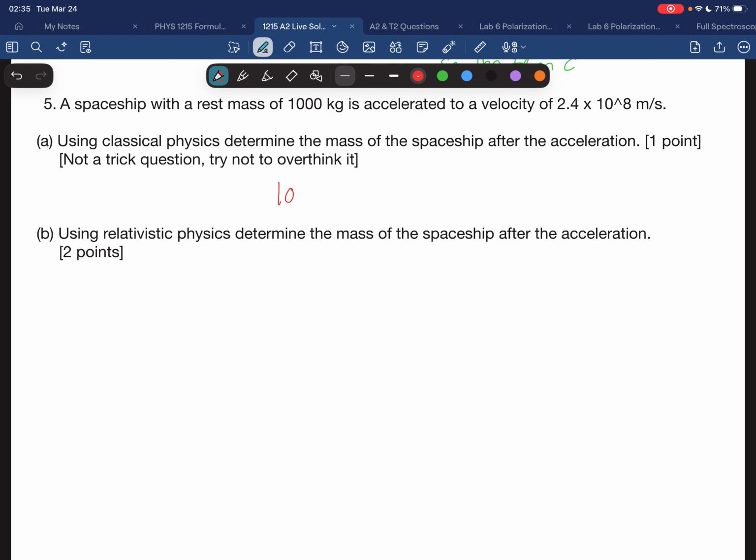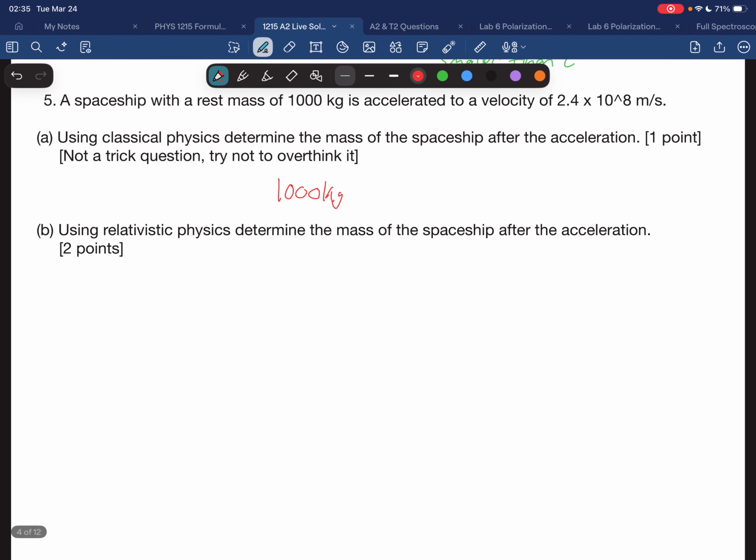So 1,000 kilograms. We're ignoring the fact that the spaceship is going to burn a bunch of fuel and lose mass because of that. Let's assume it's accelerated from some other means other than consuming fuel. So 1,000 kilograms.